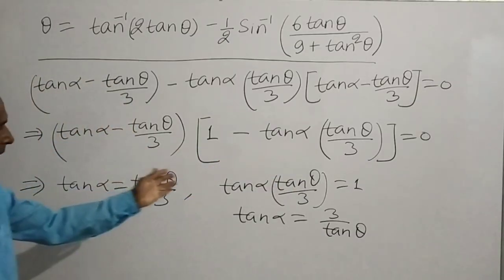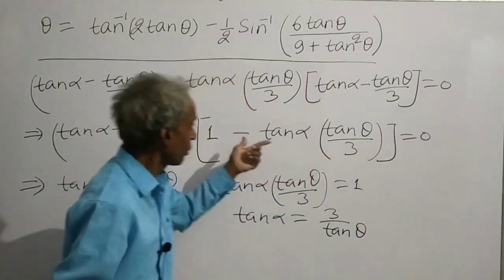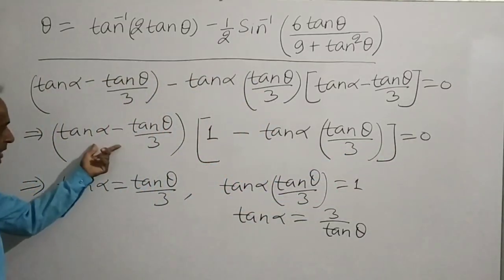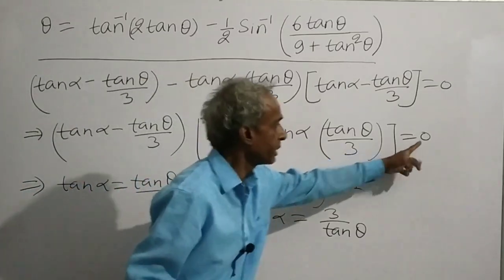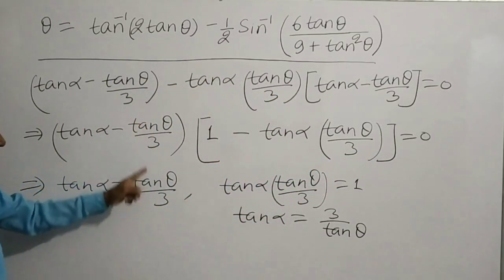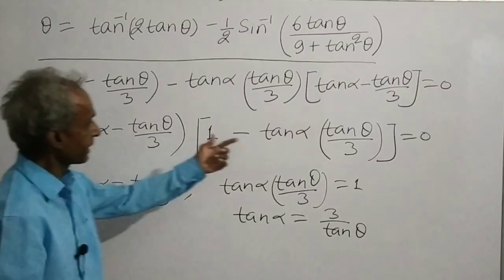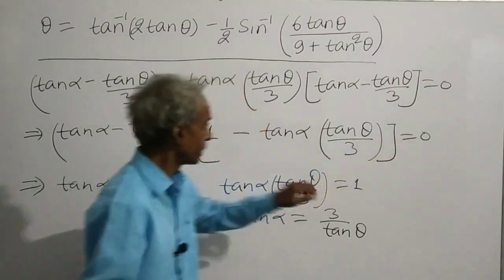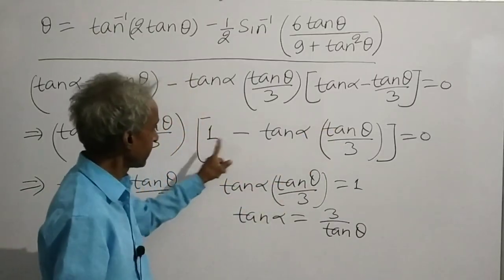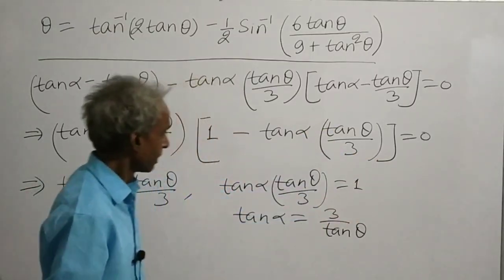Either this bracket will be equal to 0 or this bracket will be equal to 0. When this bracket is equal to 0, then we get tan alpha is equal to tan theta by 3. When this bracket is equal to 0, then we get tan alpha tan theta by 3 is equal to 1.